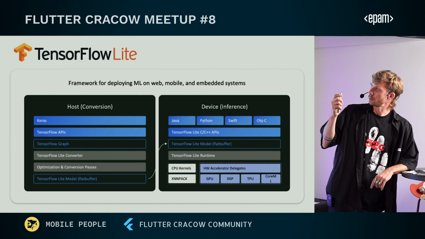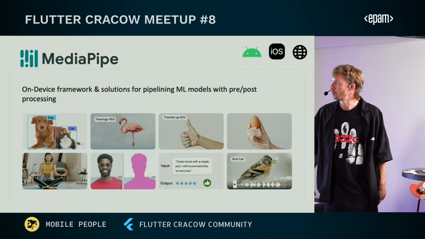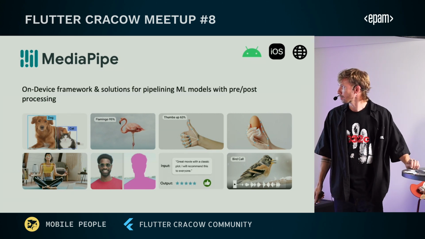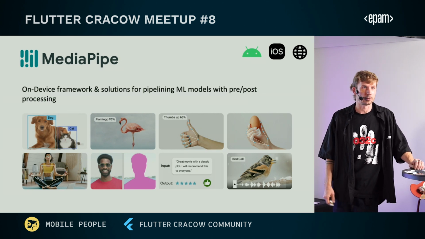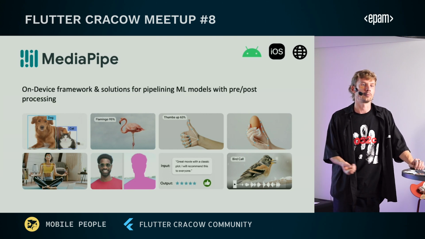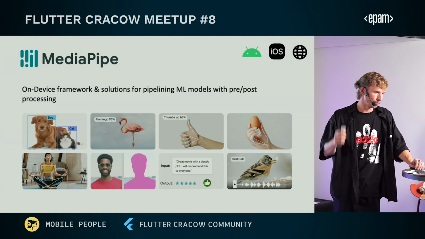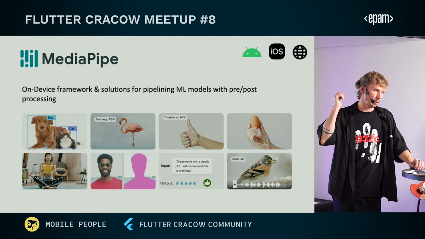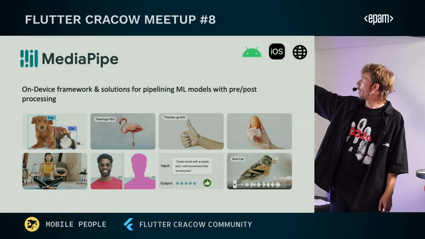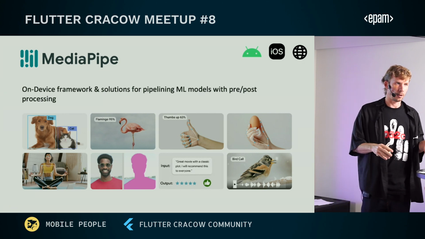So Google created one more framework on top of TensorFlow Lite called Mediapipe. Mediapipe is much simpler, and it's a solution that works with AI models, even for creating pipelines of several AI models in a row. It supports Gemma, and it already has an SDK for iOS, Android, and web. We had the Flutter meetup.